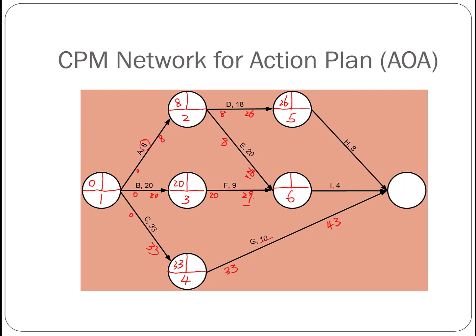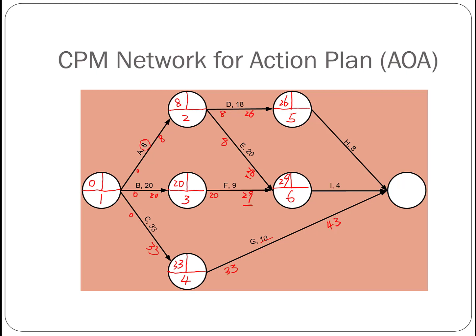So this event represented by the 6 is the finishing of both activity E and F, and also the starting of activity I. Since it represents the completion of both E and F, we have to choose this larger number, which is 29.